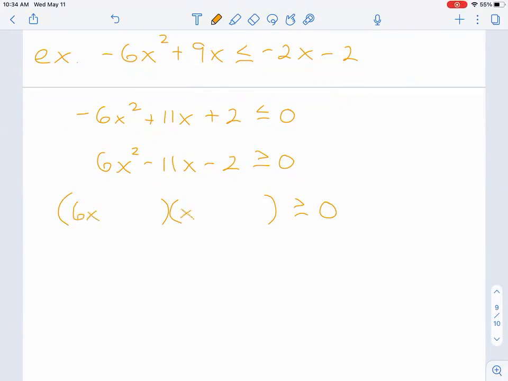So this factoring is a little harder because we have a leading coefficient other than 1. But I still think we can do it. Into 6x plus 1 times x minus 2 is greater than or equal to 0. Are you still with me here, guys?